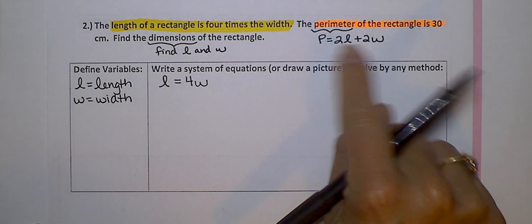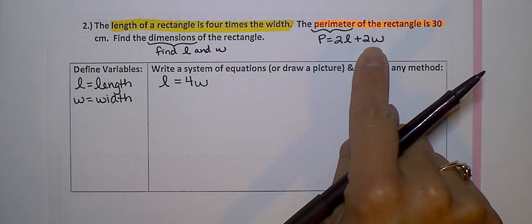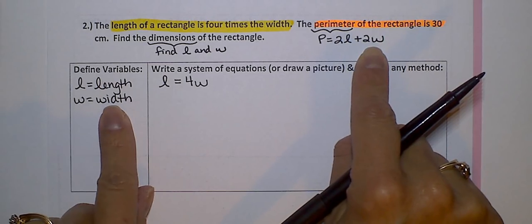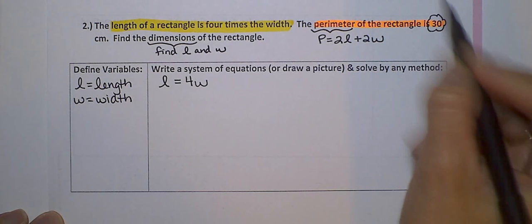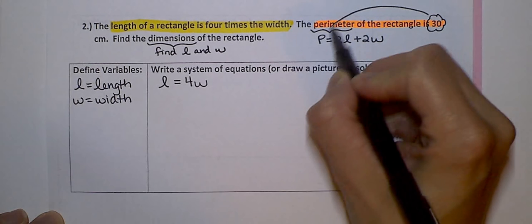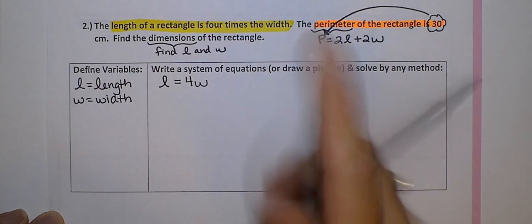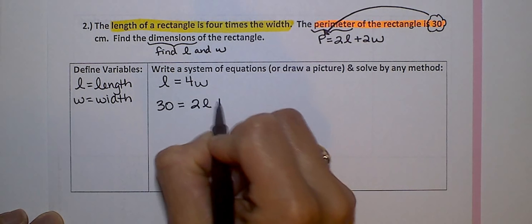So here's a formula we're going to use, but the problem is we have 3 variables. When we have a system of equations, we really only want 2 variables and 2 equations. So this little information right here, we can plug the 30 in for perimeter, because we know that the perimeter is 30. So I'm going to write 30 equals 2L plus 2W.